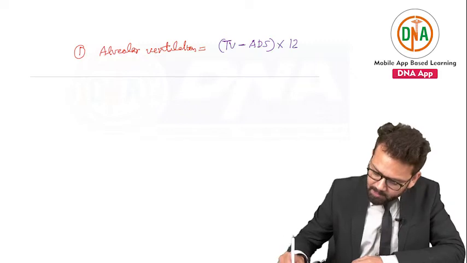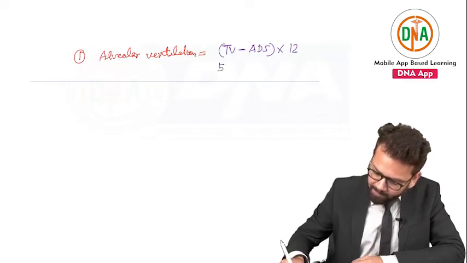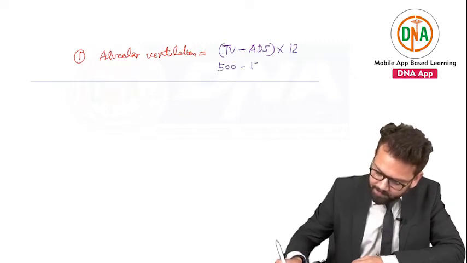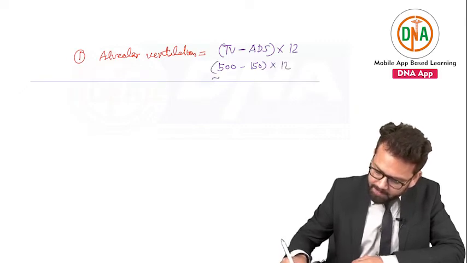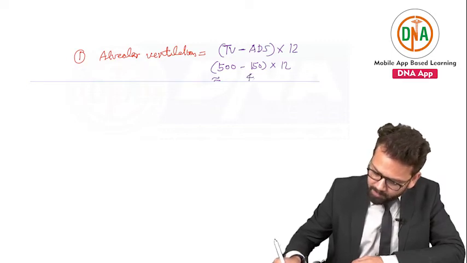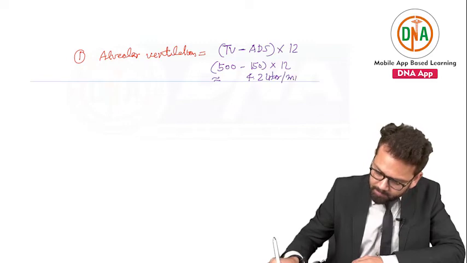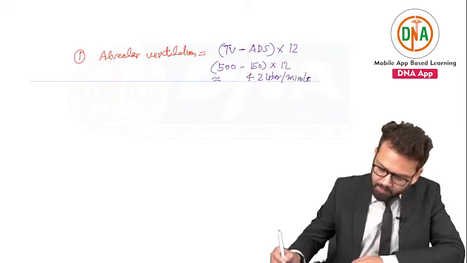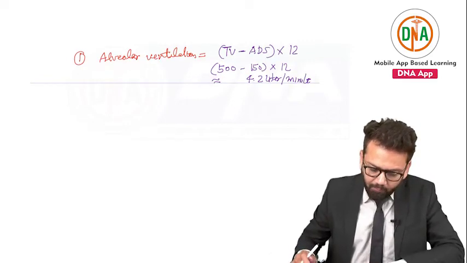It is approximately 12. So it will be 500 minus 150 into 12. Approximately how much is it? 4.2 liter per minute. This is called alveolar ventilation.